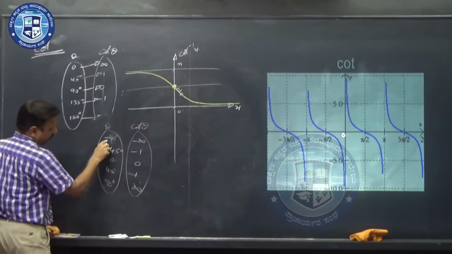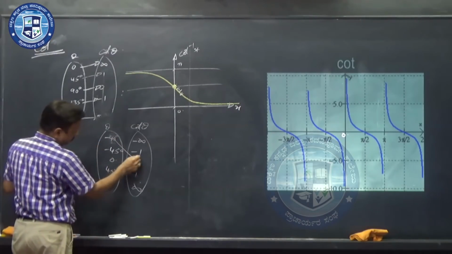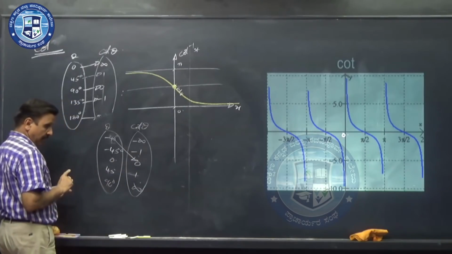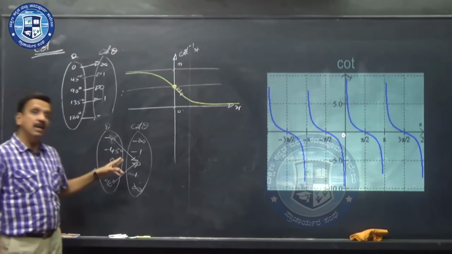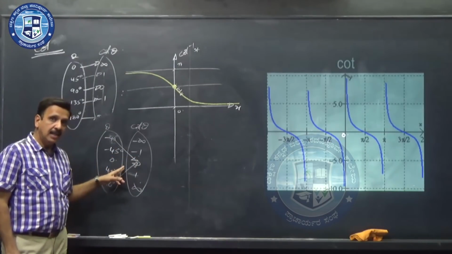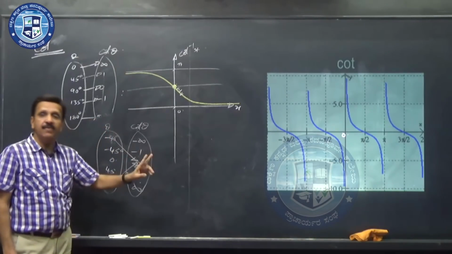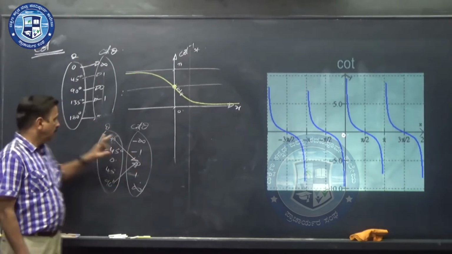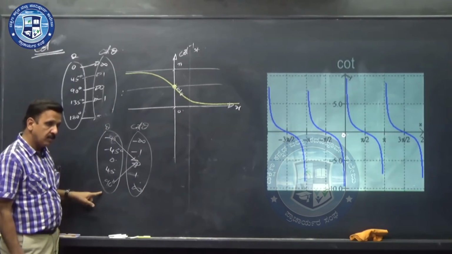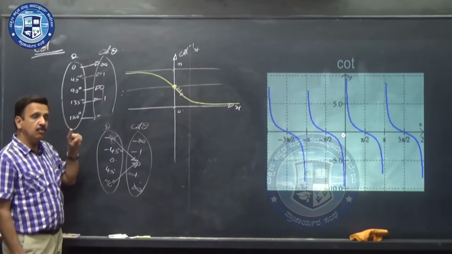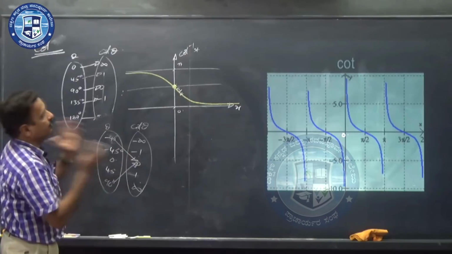Cot of minus 90 is minus cot 90, minus 1 by tan 90, which is 0, and cot 90 is 1 by tan 90, which is 0. See, this becomes many-one, it is not one-one. That is why while you consider the inverse function for cot, the angle should not be considered between minus pi by 2 to plus pi by 2. It has to be selected between 0 to pi. Either you can analyze like this, or on the basis of the graph you can analyze.